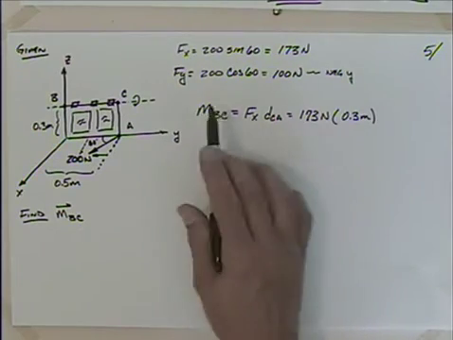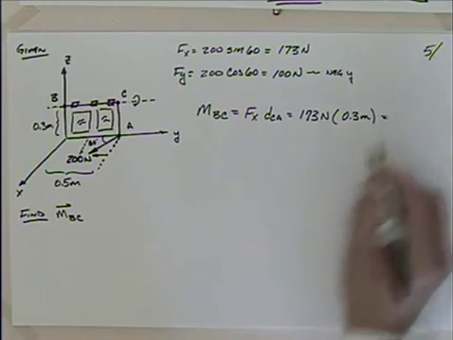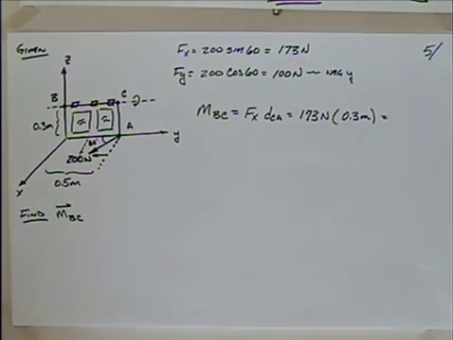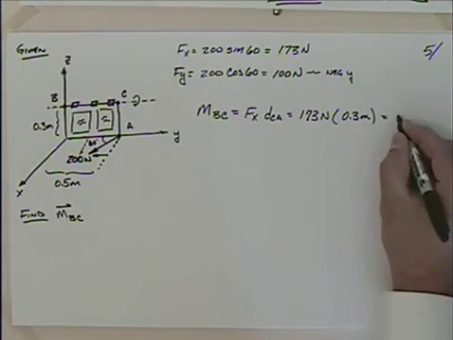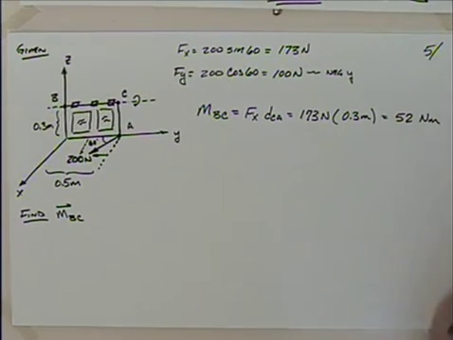Is that right? 200 sine 60, yeah. So that turns out to be, I think, 52. Let me double check that. Yep, 52 newton meters. So that's the magnitude.